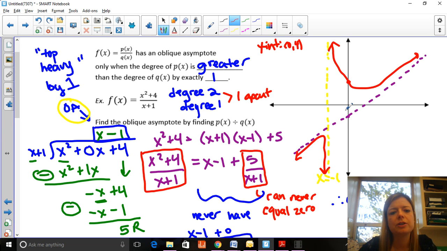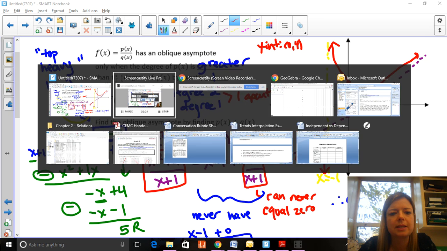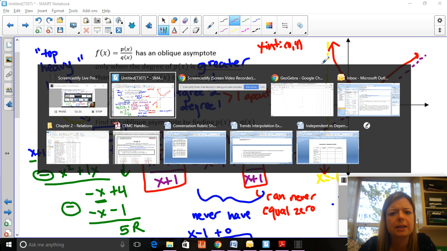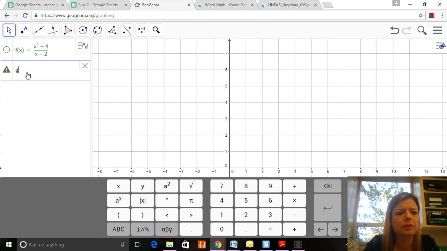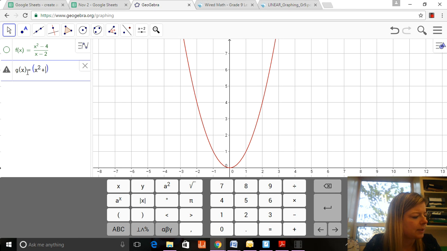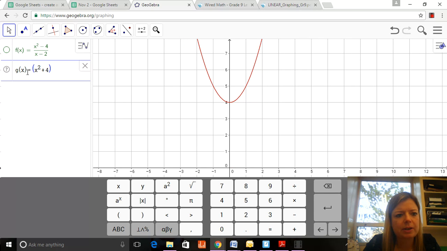Okay, if we go over to GeoGebra, I can graph it, and you can see what it looks like. So f at x, or I'll call it g at x, equals bracket x squared plus 4. I have to put it in brackets, so when you divide it by x plus 1, that all stays in the numerator.